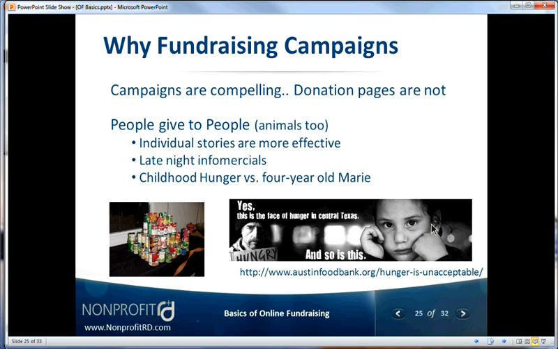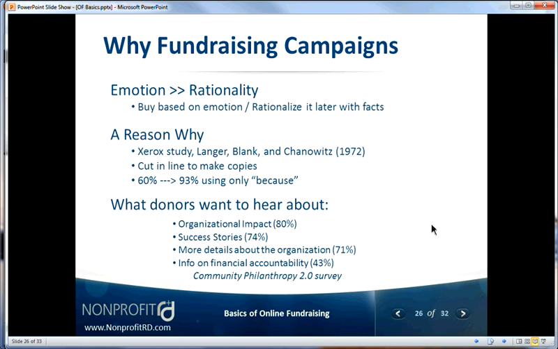So couldn't this banner lead right into a perfect campaign about little Marie and how she struggles in school and is having behavior problems because she's going hungry, and then they start going to the food bank and they're able to get the food, and now she's doing much better. Her teachers are talking about how much more engaged she is. So that could really lead into a story. So think about that with your stories. The graphics, the stories, they all key in to create kind of that emotional sense.